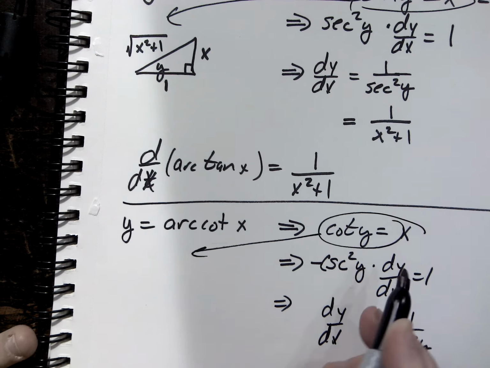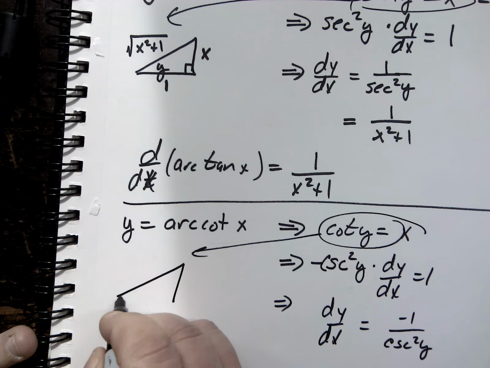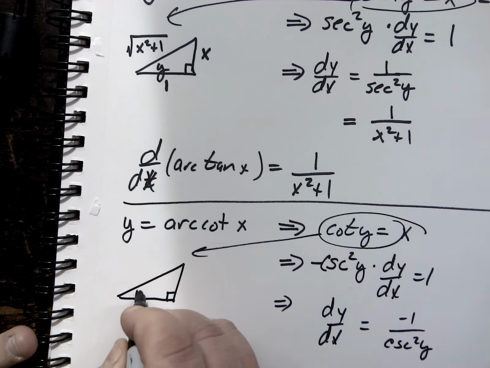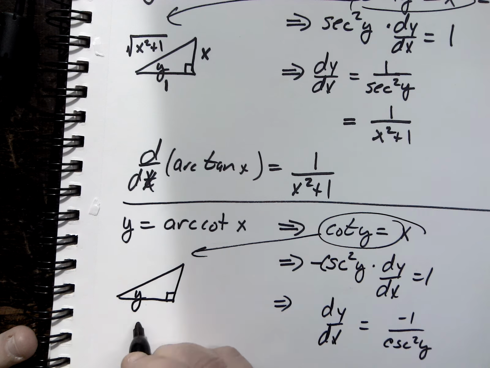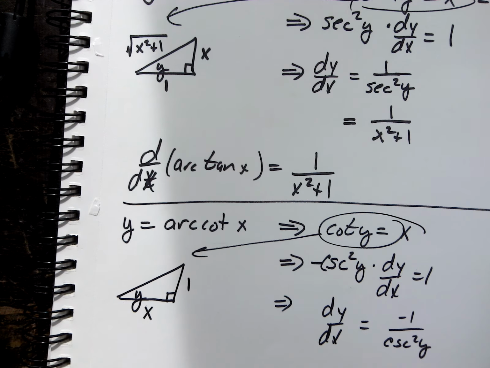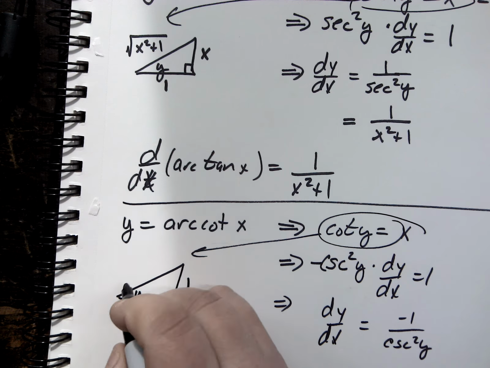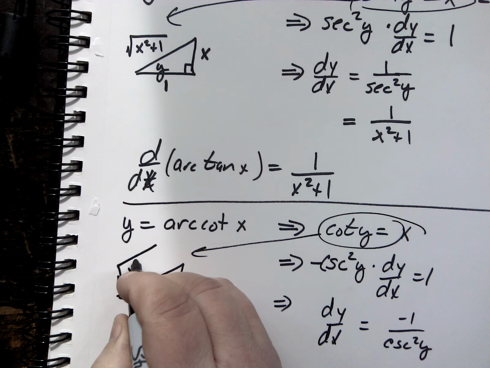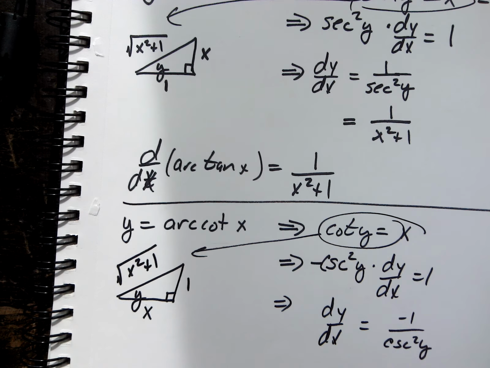Setting up my triangle. Cotan is adjacent over opposite, so I get x here and a 1 here. Making the third side, by the Pythagorean theorem, the square root of x squared plus 1.